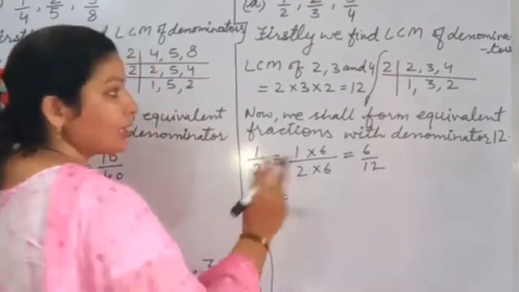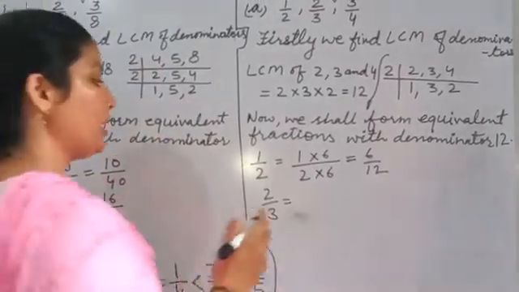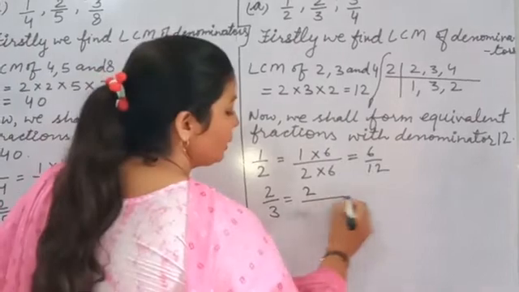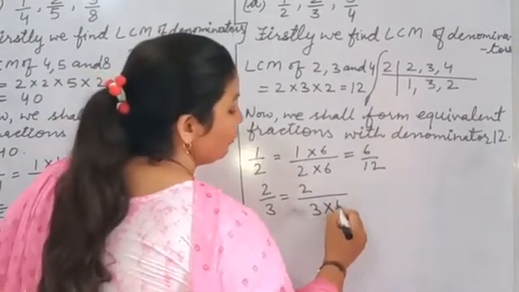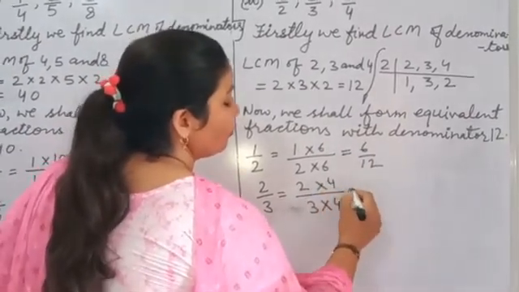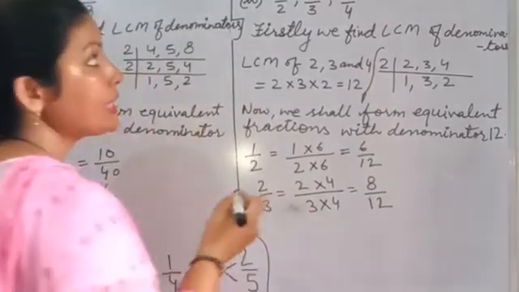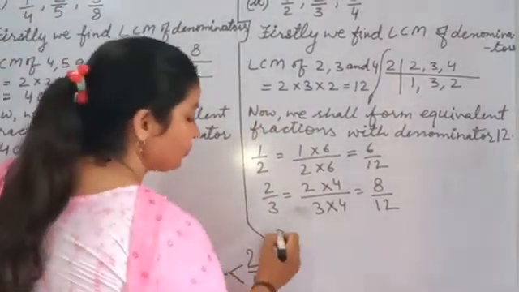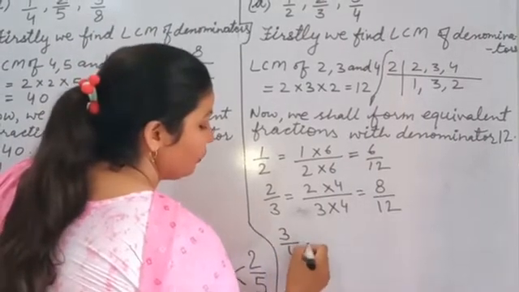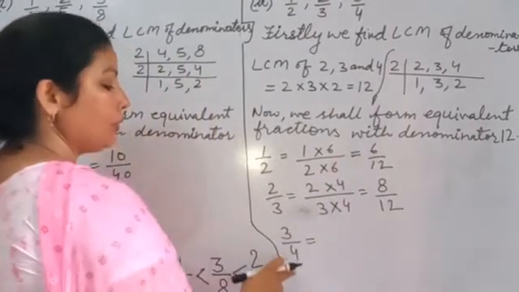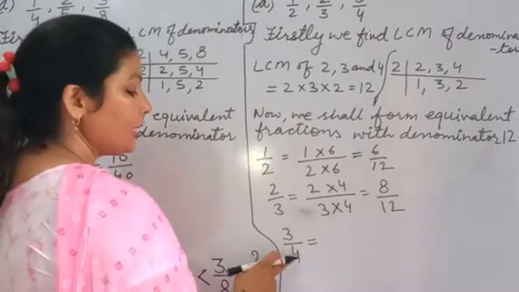Now how will 3 become 12? 3 4s are 12. So 2/3 multiply by 4. 4 2s are 8 and 4 3s are 12. Next is 3/4. Now how will 4 become 12? In 4 table where we have 12? 4 3s are 12.